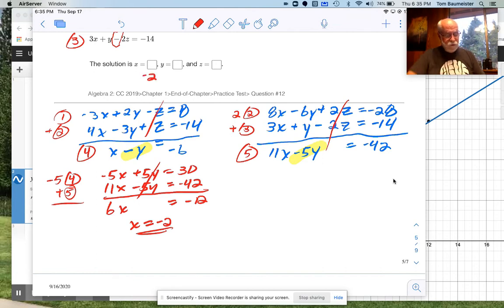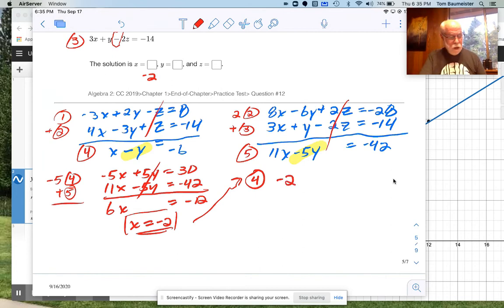So then again, after that, I'm going to take this negative 2, and again, I'm going to plug it into 4 or 5, because then I can solve for y. I went ahead and I chose 4. So remember, wherever I see x in 4, I'm replacing it with negative 2. So I have negative 2 minus y is equal to negative 6.